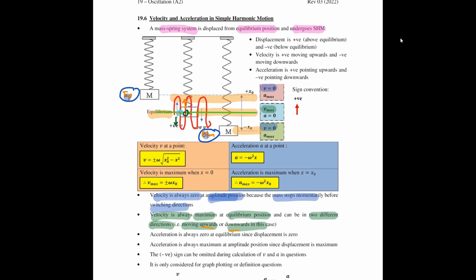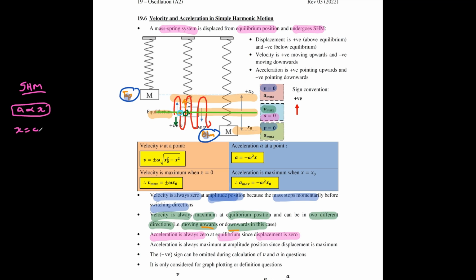We move on to acceleration. Where will be the points where acceleration is maximum and where will be the points where acceleration is zero? Now, the easiest one to do would be when acceleration is zero. Acceleration will always be zero at equilibrium because your displacement is zero there. Remember just now I told you for simple harmonic motion, a is directly proportional to x.